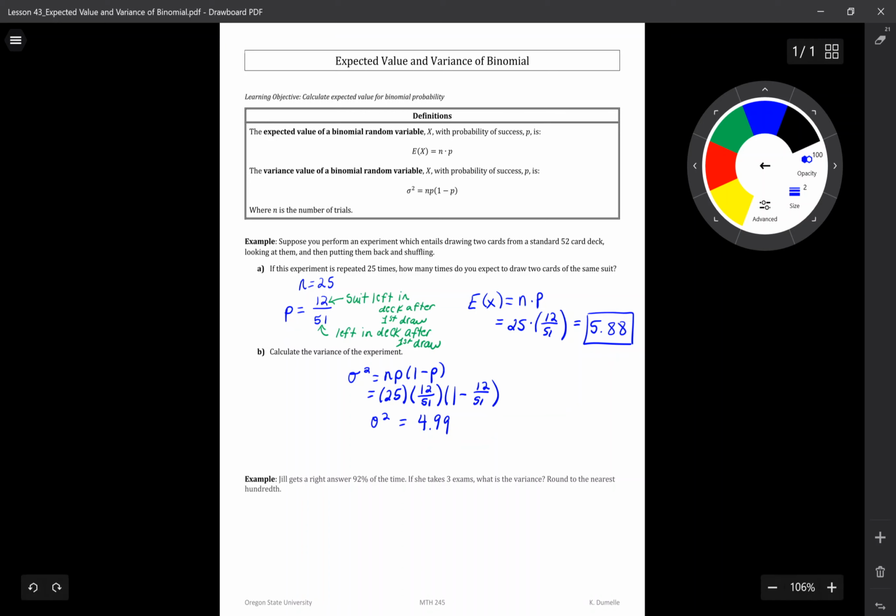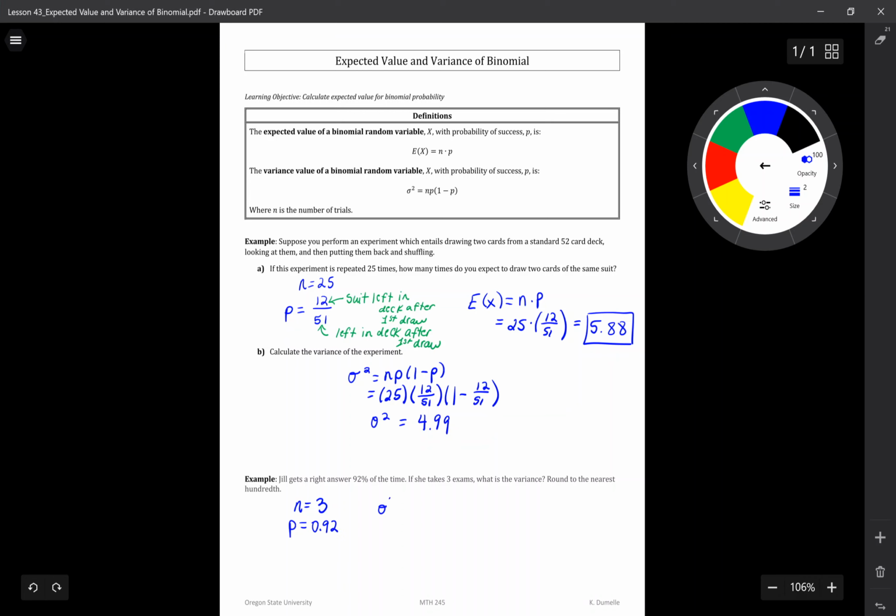Okay, one more example here. Jill gets a right answer 92% of the time. If she takes 3 exams, what is the variance? So she's taking 3 exams. That means our number of trials is equal to 3, and our probability of getting a right answer is 0.92.